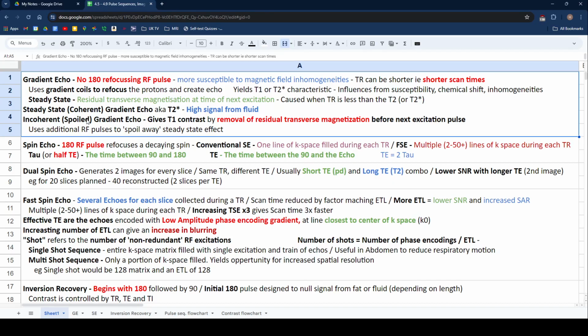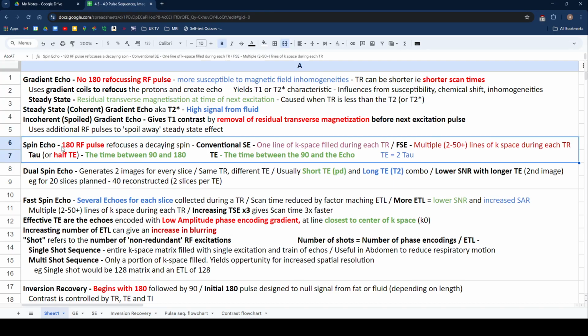Incoherent or spoiled gradient echo gives T1 contrast by removing residual transverse magnetization before the next excitation pulse. It uses additional RF pulses to spoil away steady state effects.